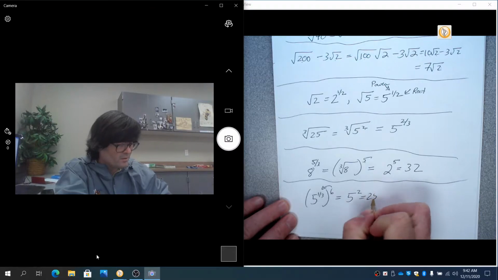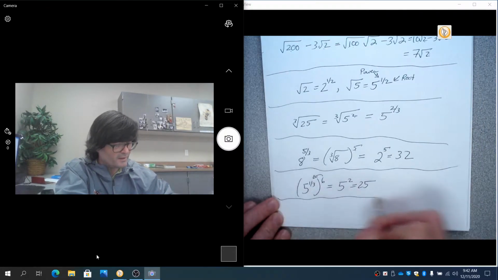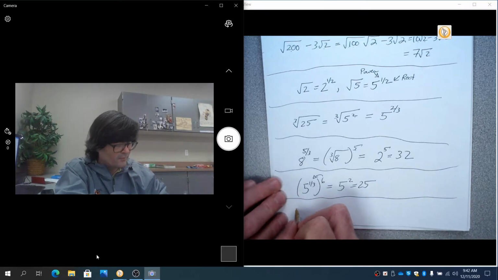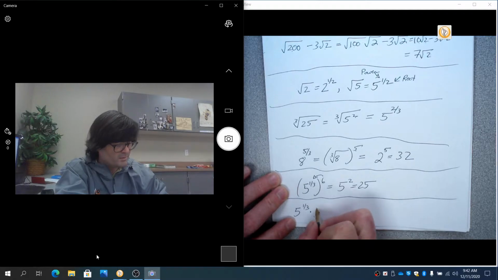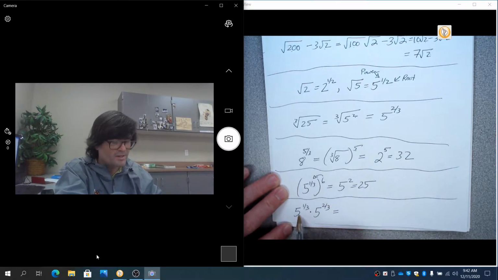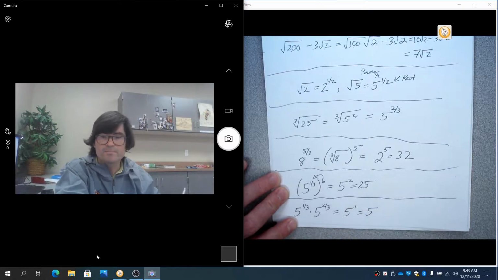So that would be 25. And then finally, if you had 5 to the 1/3 times 5 to the 2/3, if you have the same base, you add the exponents together. So 1/3 plus 2/3 would be 5 to the 1, which is 5.